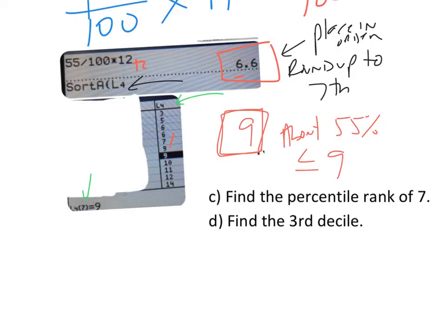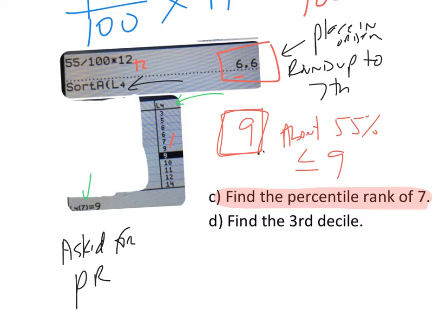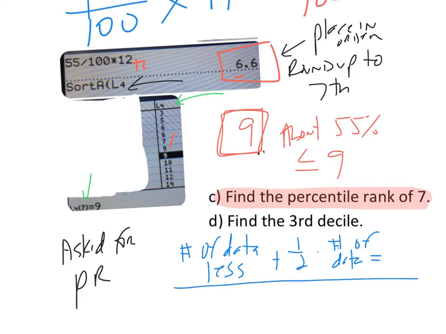For part C, now we're finding the percentile rank of 7. So anytime you are asked for the percentile rank, you're going to use the formula: the number of data less, plus 1/2 times the number of data equal, so in this case the number of 7s, divided by the total number of data.